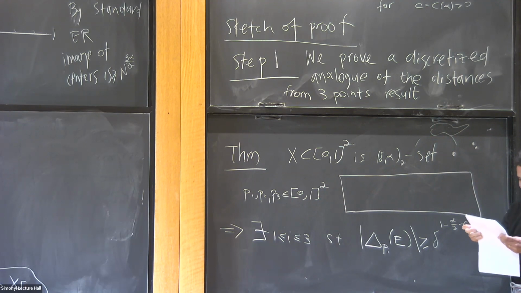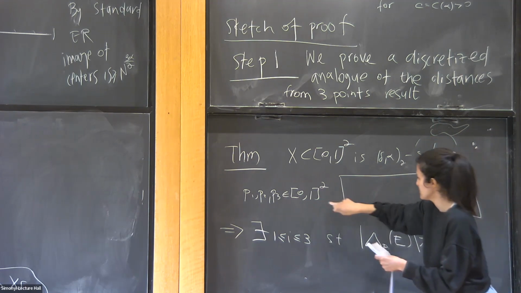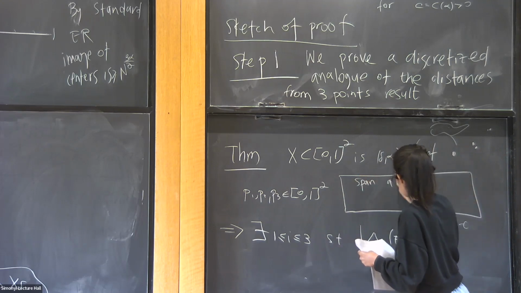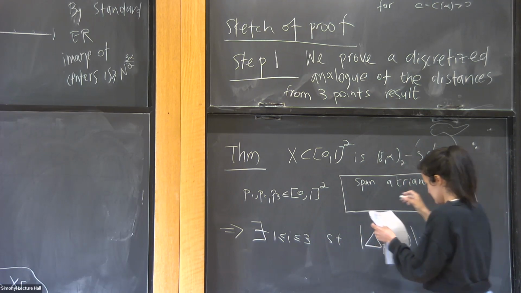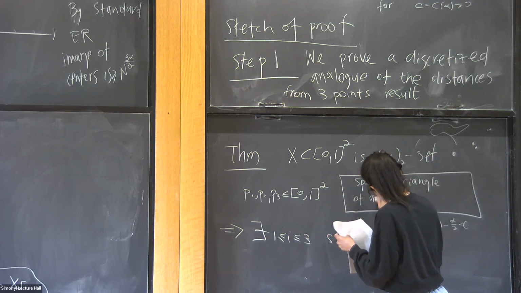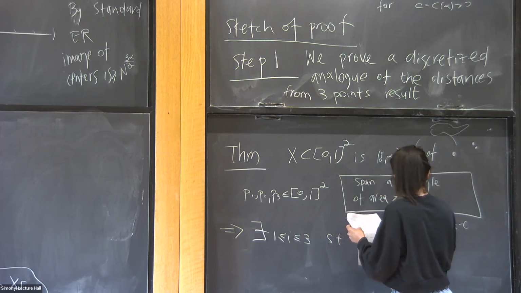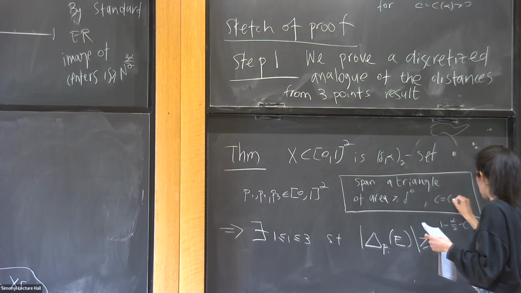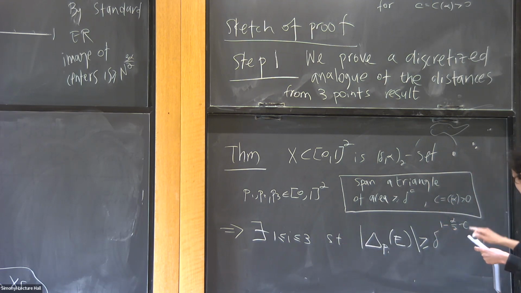Yeah, exactly. So they span a triangle. The 3 points condition is that they span a triangle of area at least delta to the power c, where c will depend on alpha. I hope the constants are correct, but something of this form.